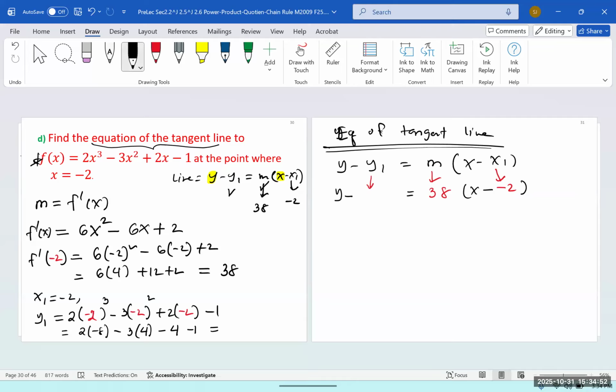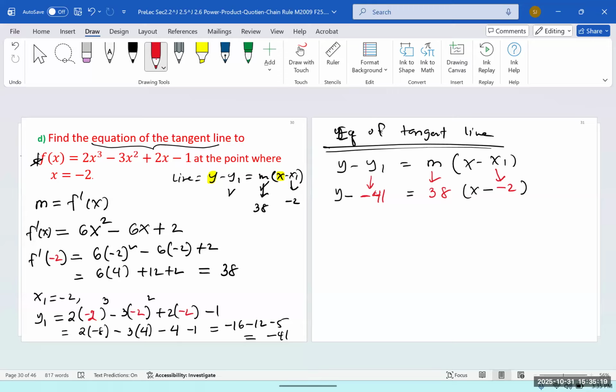So -16 minus 12 minus 4 minus 1. -41, if we didn't make a mistake. So -2 cubed is -8, 8 times 2 is 16. -2 squared is 4, 4 times 3 is 12. -2 times 2 is -4. All of them are negative.